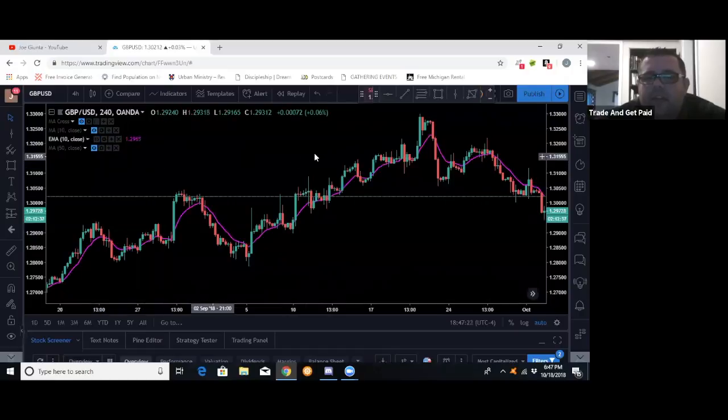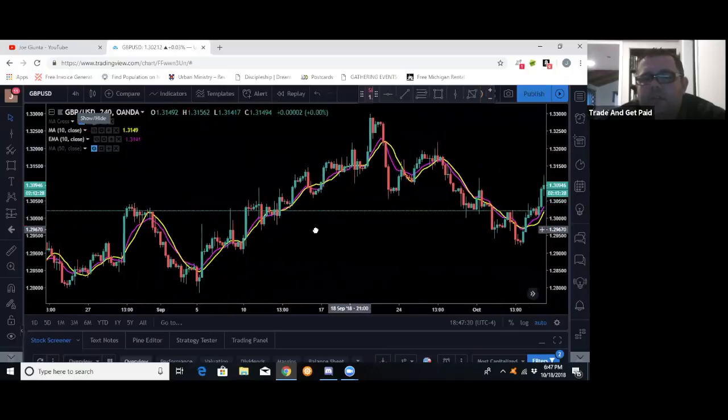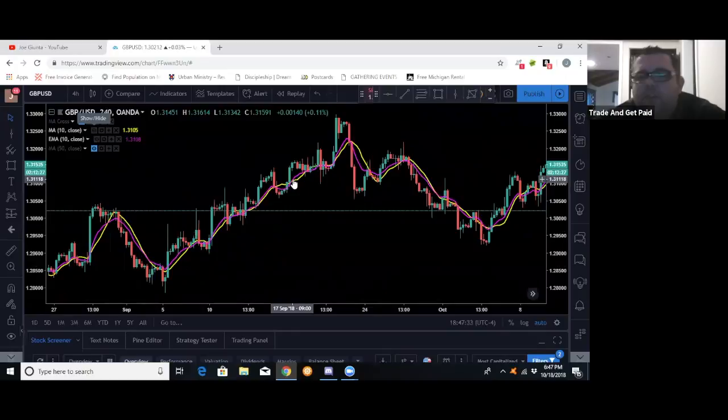Same thing for the EMA, but there are some fake outs in there. Okay, so here's the cool thing about it. When you use both of them together, if it's on the upside of both of these, you're doing really good.